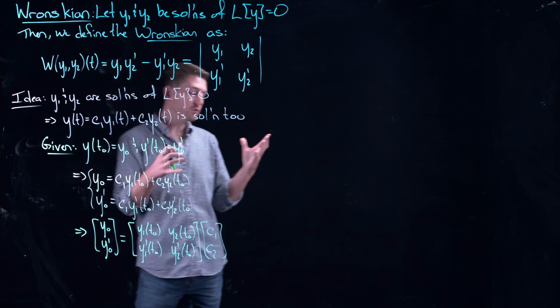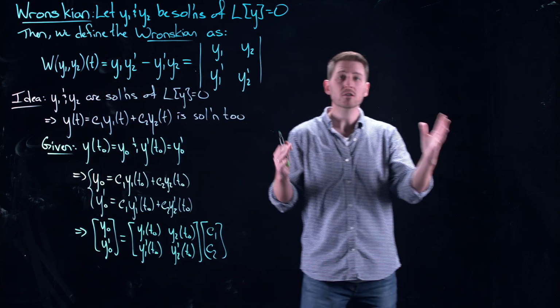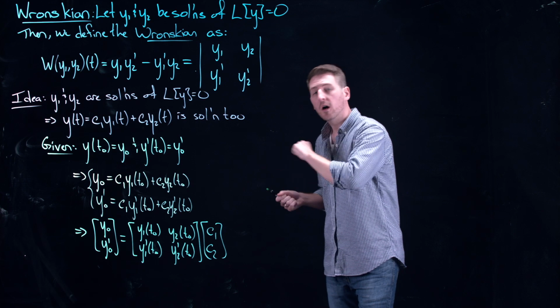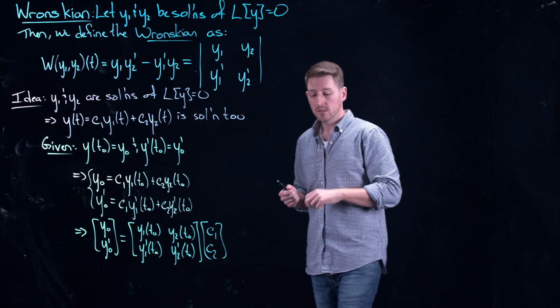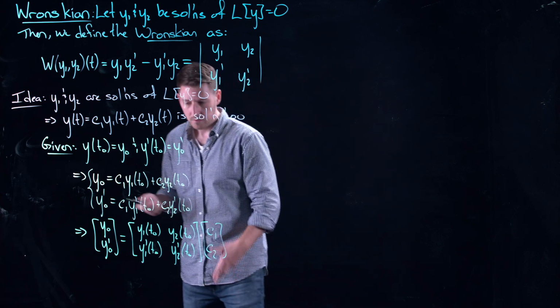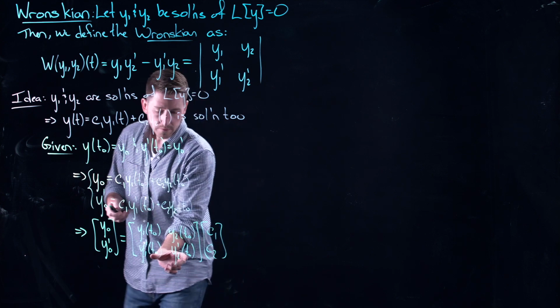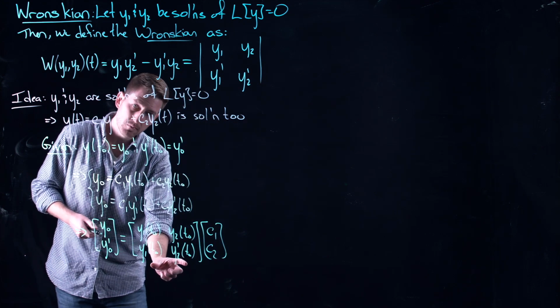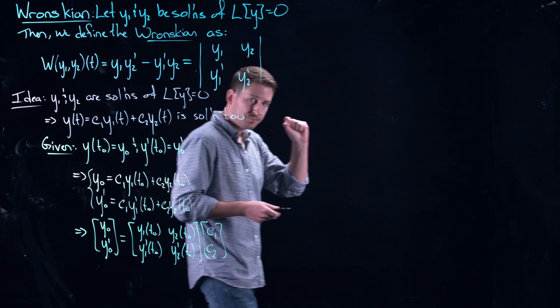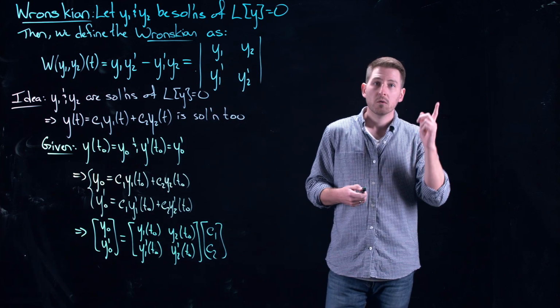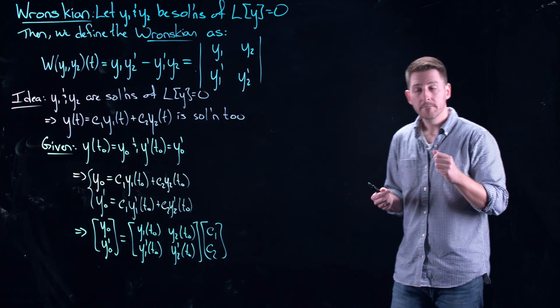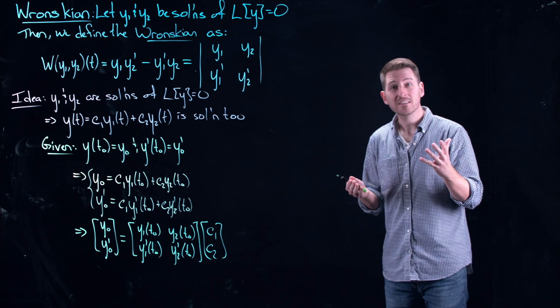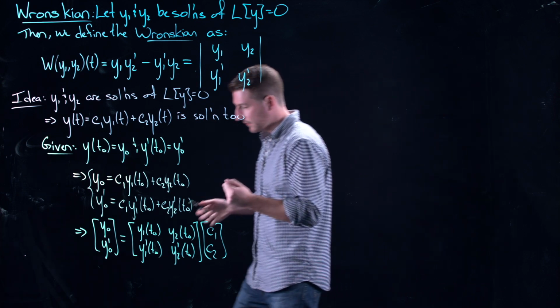And so what we want to ask ourselves is, no matter what the initial conditions are, can we always guarantee that we can find C1 and C2 to put the solution together? Well, that would require this 2 by 2 matrix here to be invertible. Now, what is a condition for invertibility? Well, that its determinant is not equal to 0.